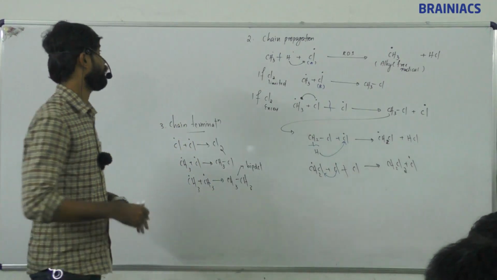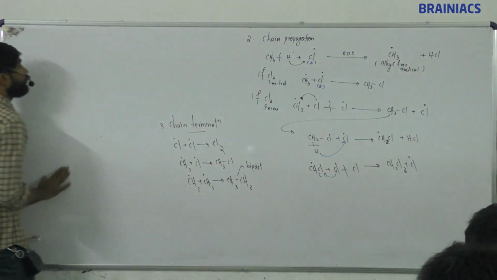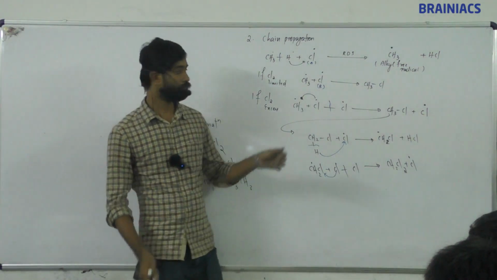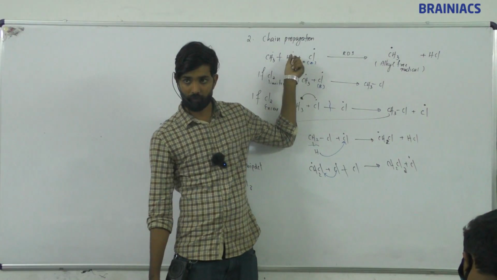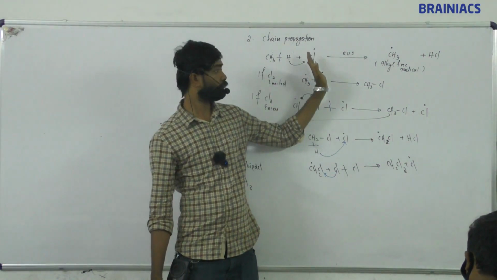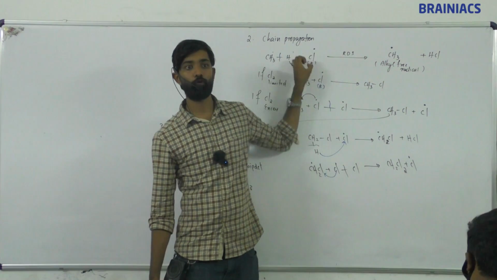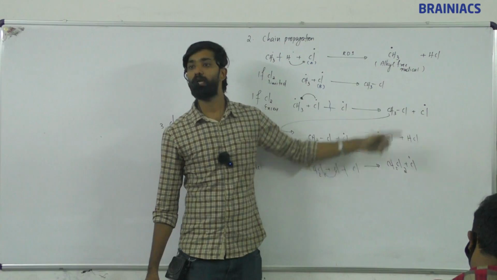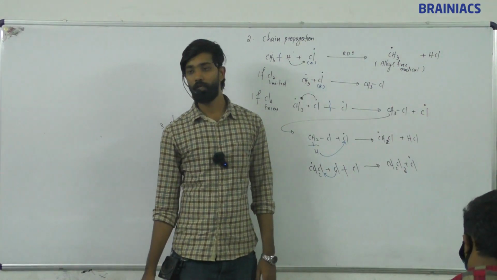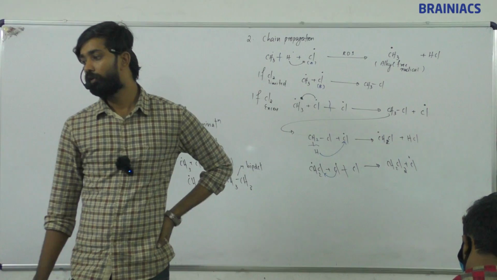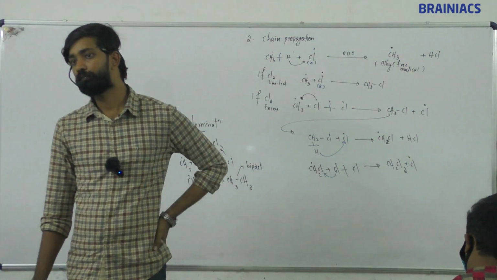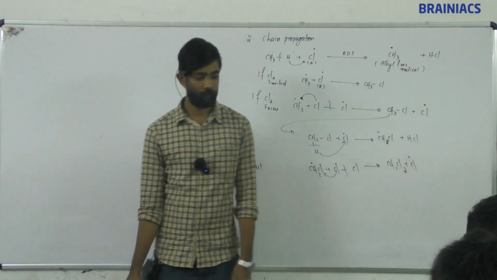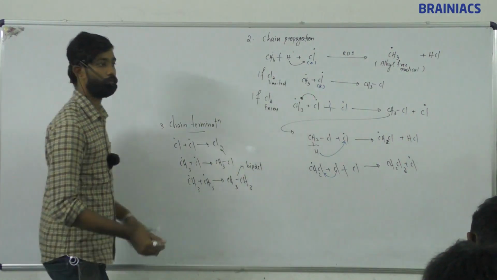It is clear from the mechanism that one hydrogen has to be removed to form the free radical, and the rate of removal of hydrogen depends on the stability of the free radical formed.